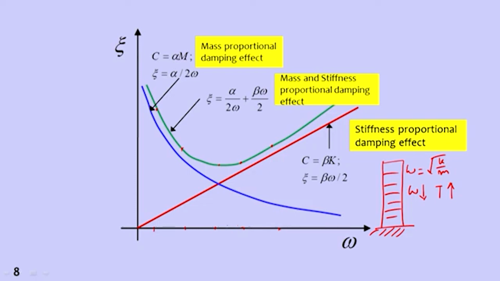So in the first case, if my damping is here and the frequency is reducing, then I get reduced damping in some cases. In some other cases, if my natural frequency is here and because of damage it is reducing, then my damping increases.